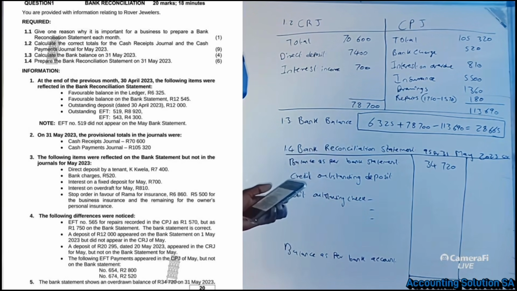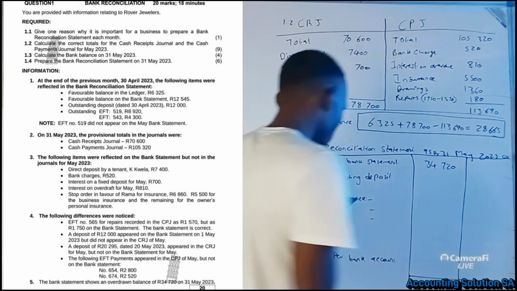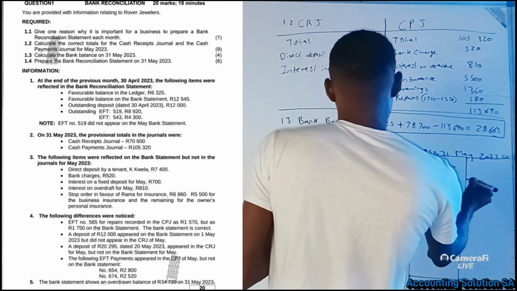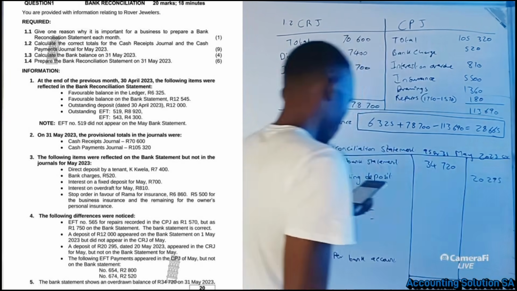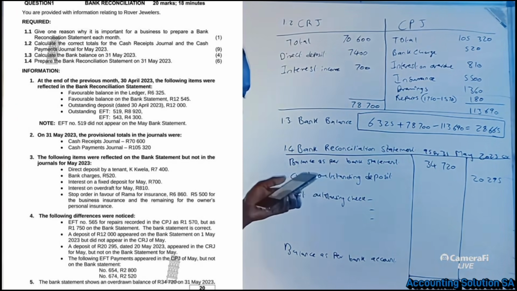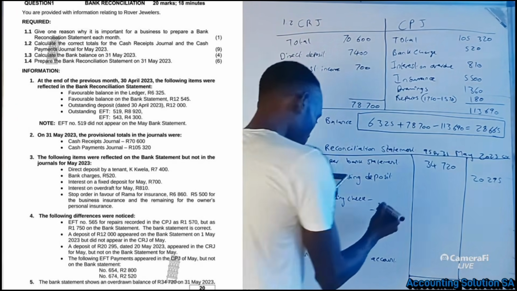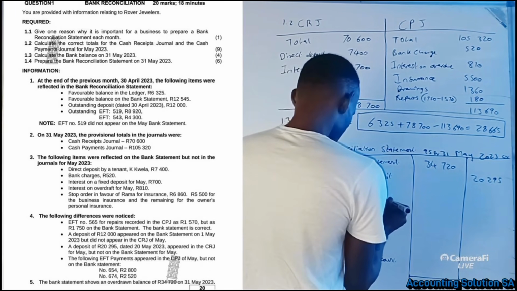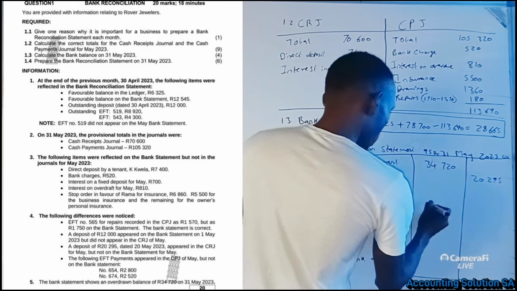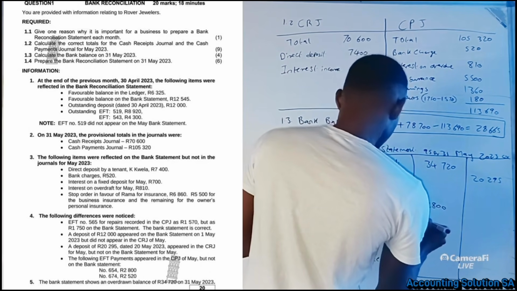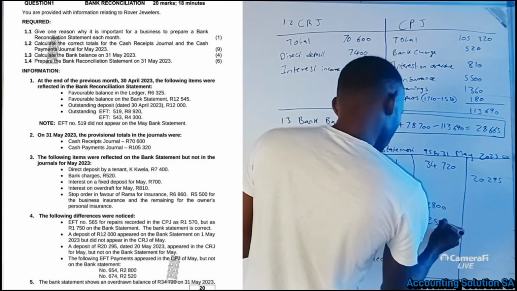Okay. Outstanding deposit, guys, we read it on number 4. They said it's 20,295. Okay. Then outstanding check, we have check number 654 and 674. The other one is 2,800. The other one is 2,520.